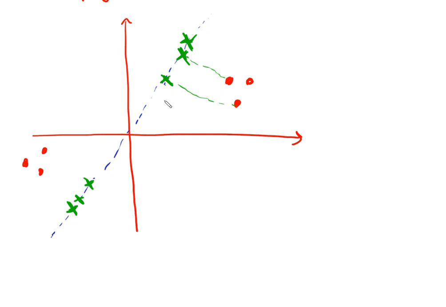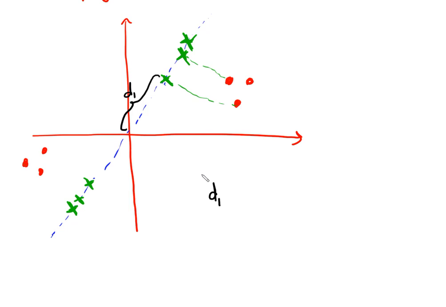What we are trying to do is to maximize the distance of these points from the origin. For this first point here, your distance is this one here, D1. That is your distance from the origin.